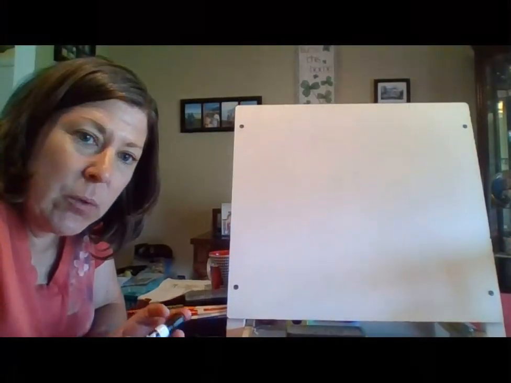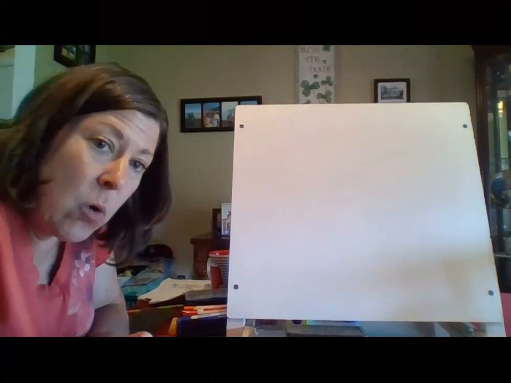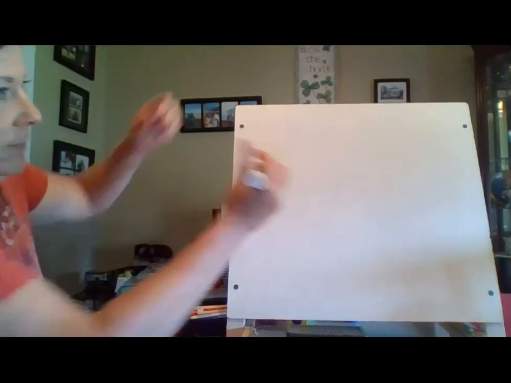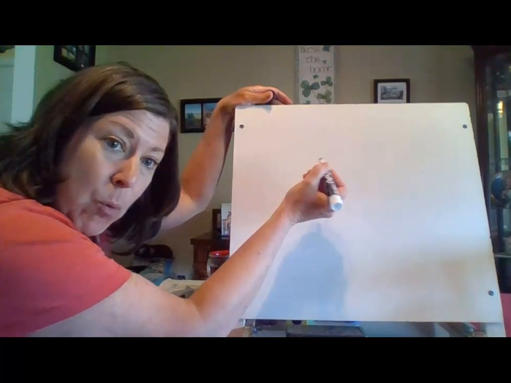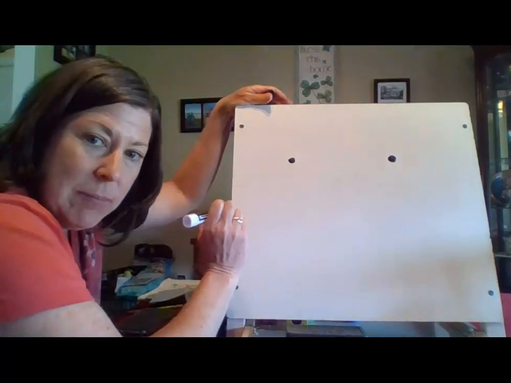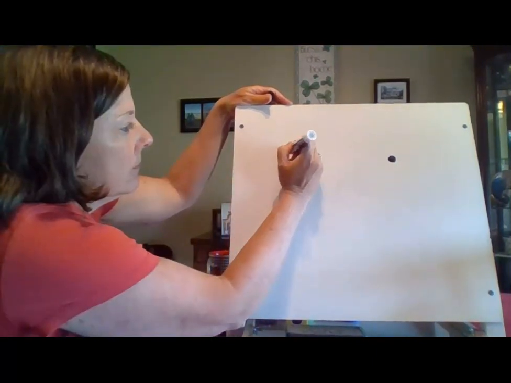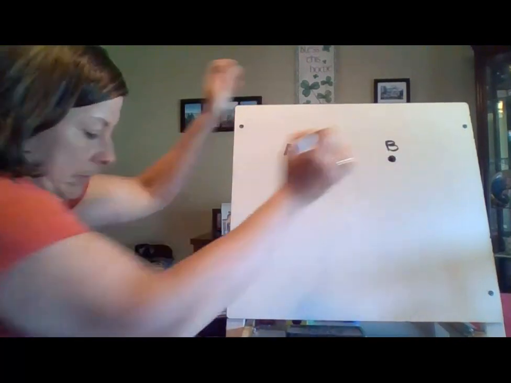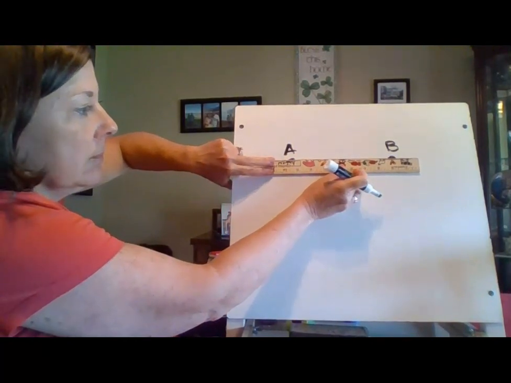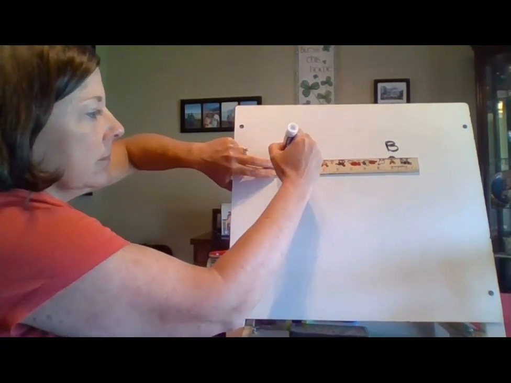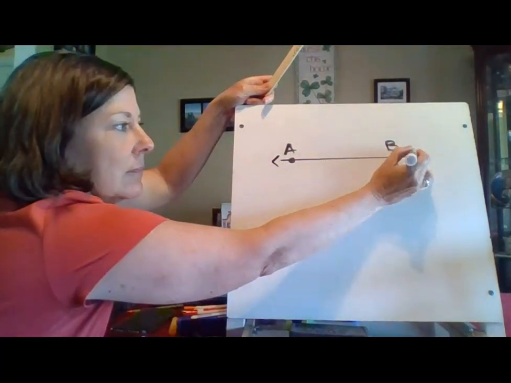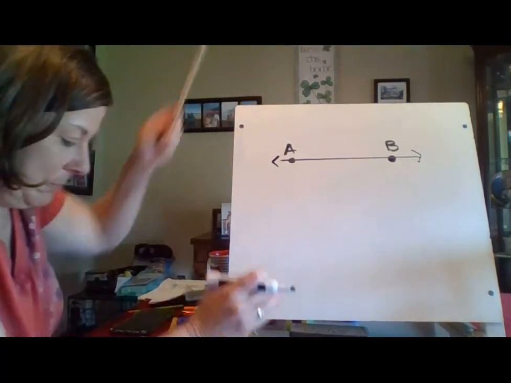So now we're going to create our own perpendicular lines. We always start with a line, and lines always start with points. And I'm going to label these points AB. I'm going to use my straight edge. And I have line AB.